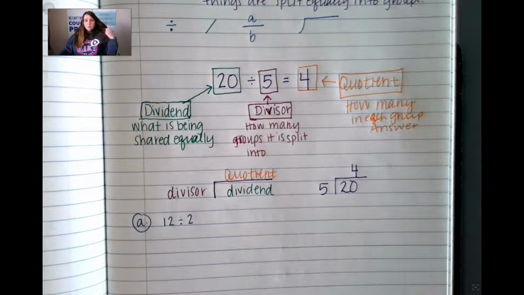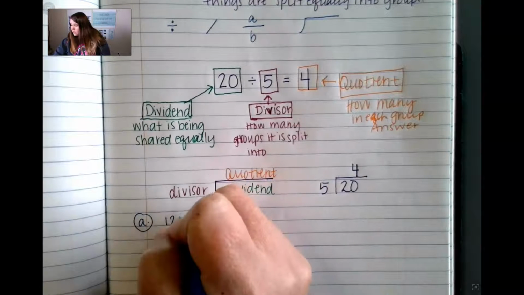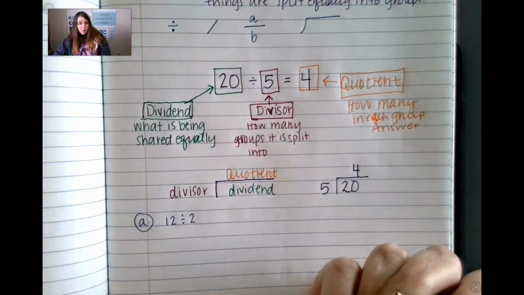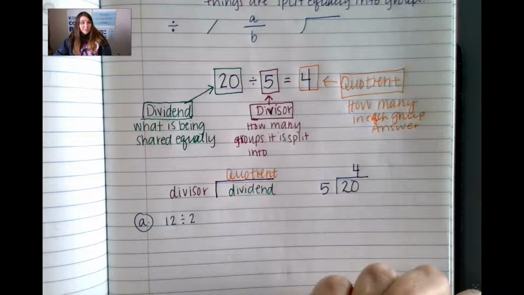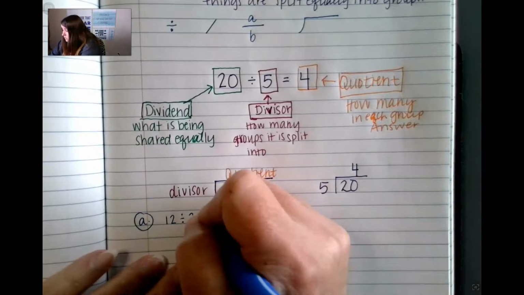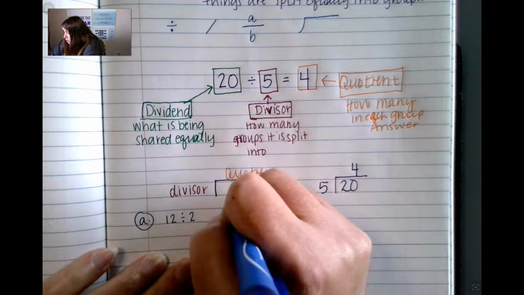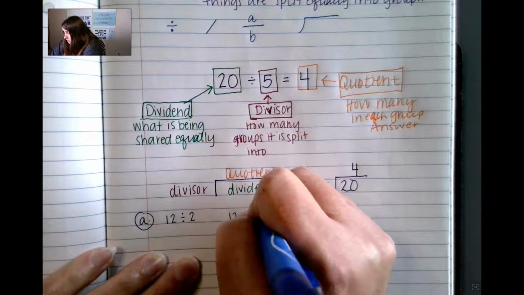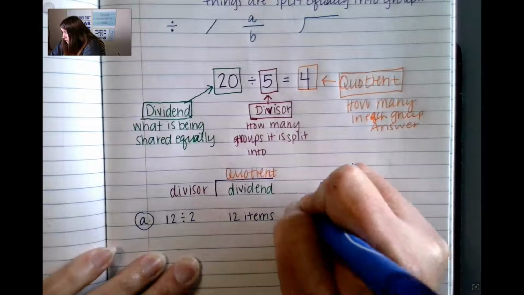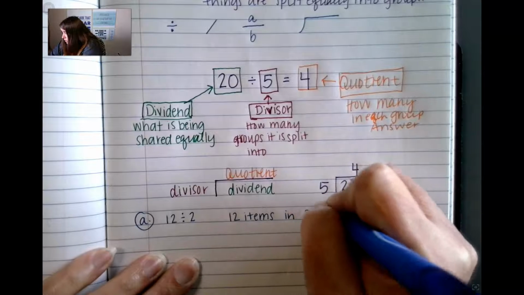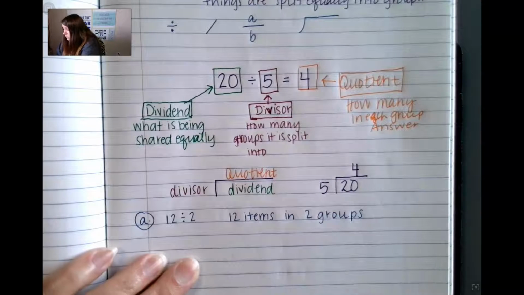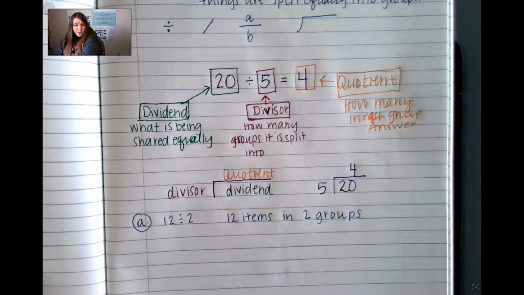Well, what does this really look like? Well, first of all, this looks like I have 12 things split into 2 groups. So this means that I have 12 items in 2 groups.